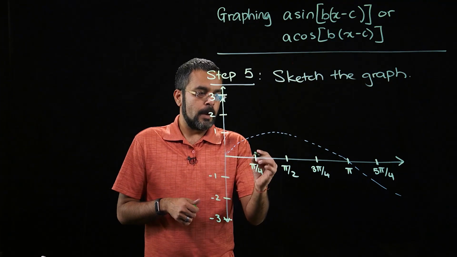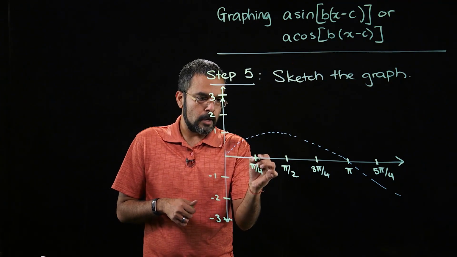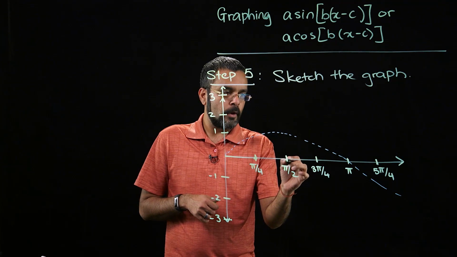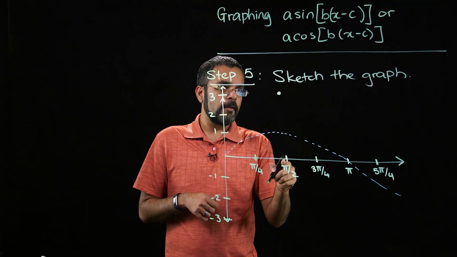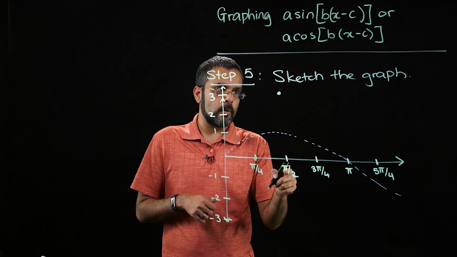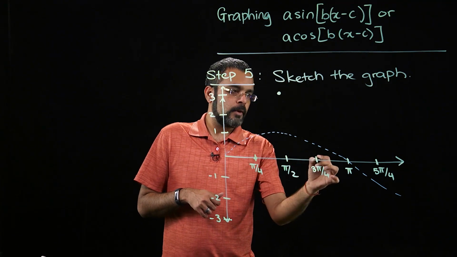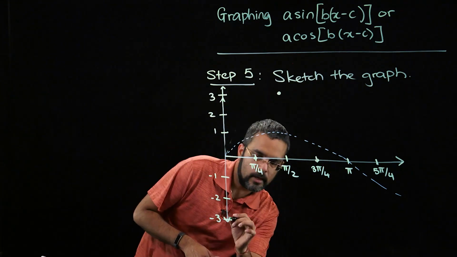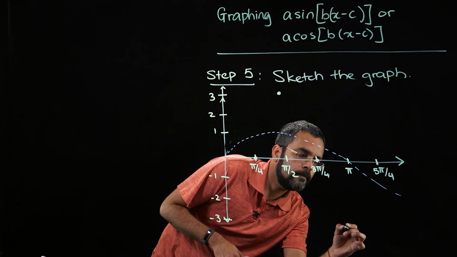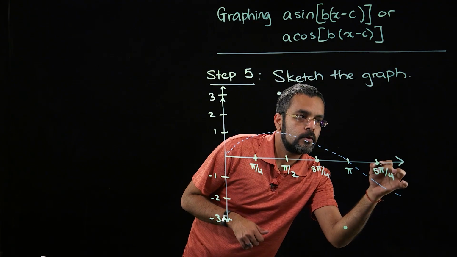So first of all, I'm going to start not at 0, but I'm going to start at pi over 4. At pi over 2, I'm going to have 3, and you can verify that by plugging in pi over 2 in your equation. And then at 3 pi over 4, I'm going to have 0. At pi, I'm going to have -3, so that's going to be somewhere around here. And then I'm going to have 0 again.